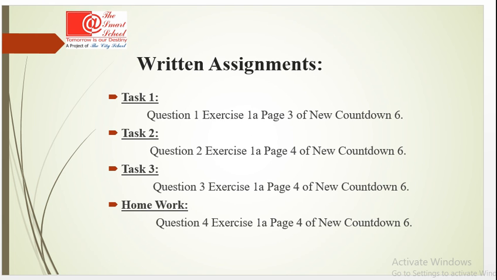Task number 1 is question 1, exercise 1A, page 3 of New Countdown 6, where you have to pick out well-defined objects from the given list. Task number 2 is question 2, exercise 1A, page 4 of New Countdown 6, where you will fill the blank with the appropriate sign. Task number 3 is question 3, exercise 1A, page 4 of New Countdown 6, where you write the elements of the given sets.